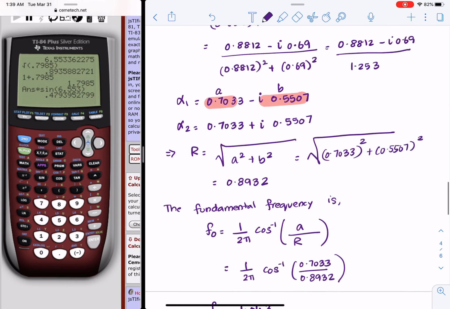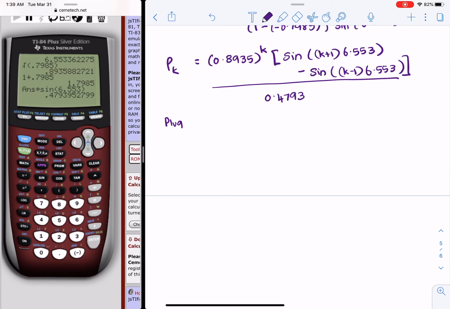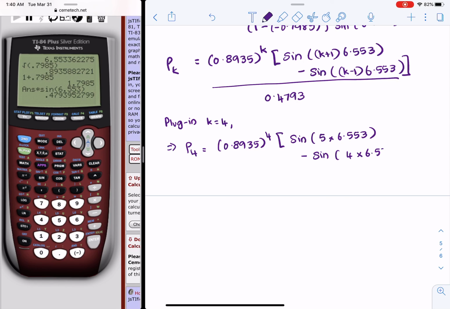Now we simply have to find rho 4. So if we plug in k equals 4, which would imply rho 4 is equal to 0.8935 raised 4 times sine 4 plus 1, which is 5, 5 times 6.553 minus sine 4 times 6.553 divided by 0.4793.